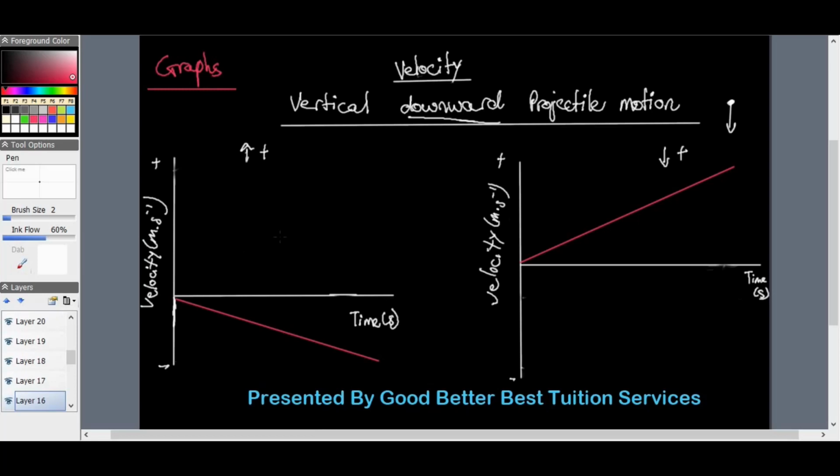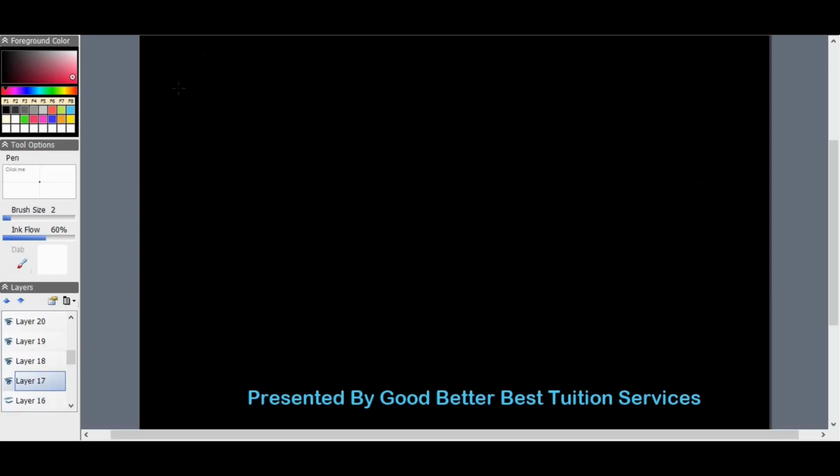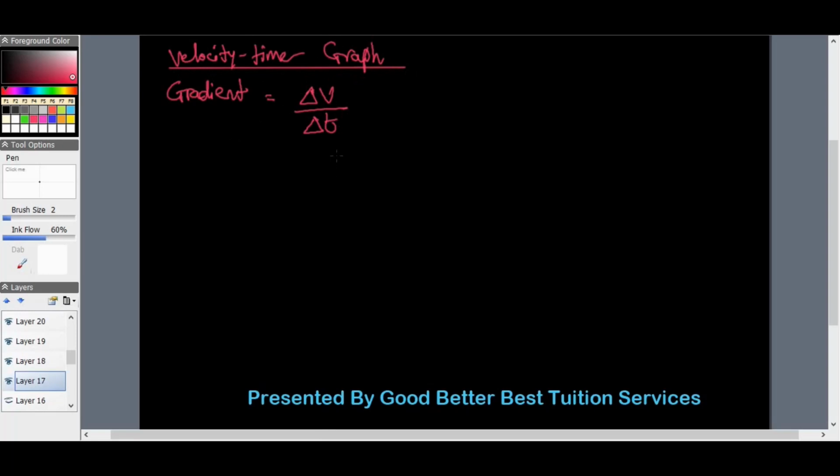Something worth mentioning, and I'm going to write it over here, is that if you take the gradient of the velocity time graph, which is equal to the change in velocity over the change in time, what is this equal to?